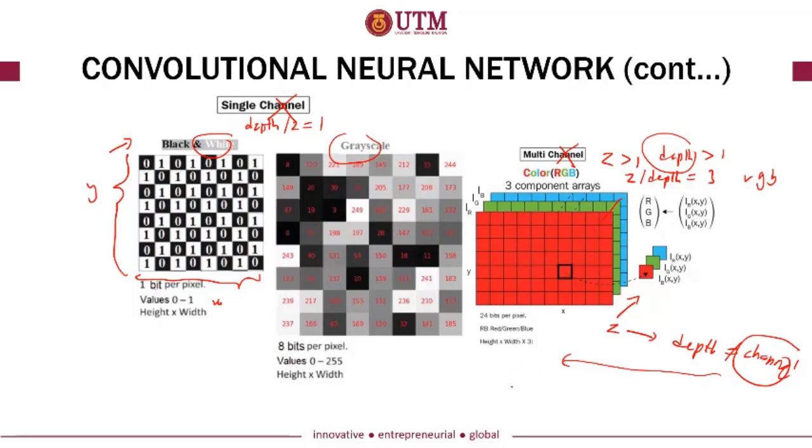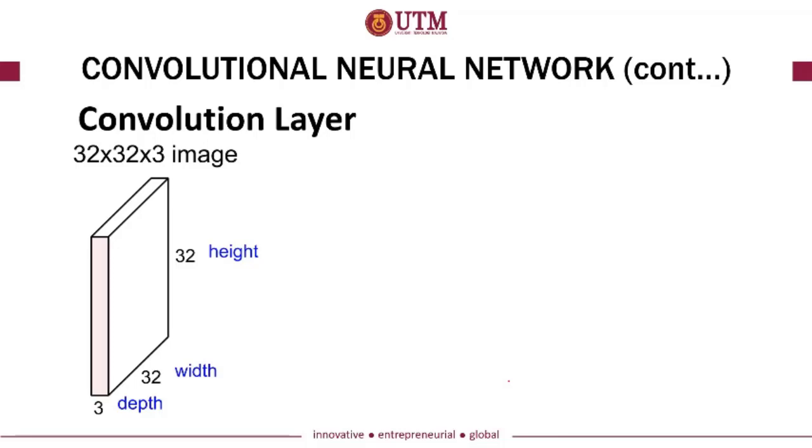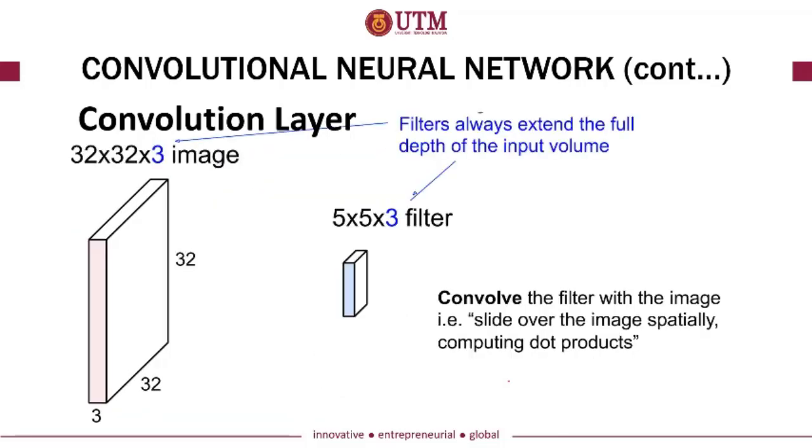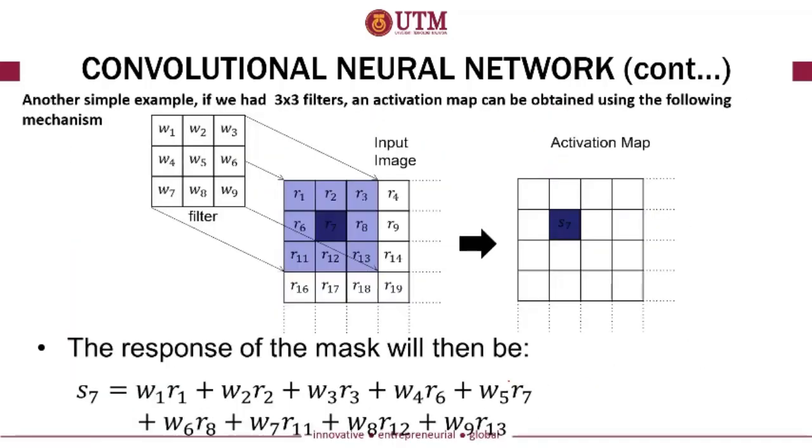Remember, when you want to do the convolution, you have the filter, which is this one. Okay, this is your filter. Normally you are not just using one filter, you are using more than one filter.